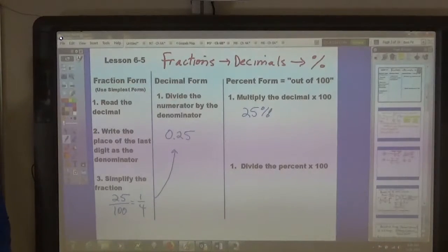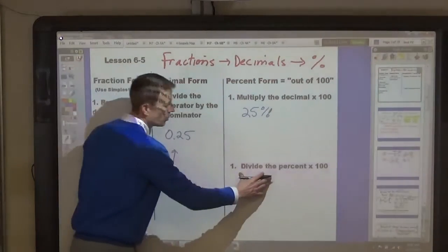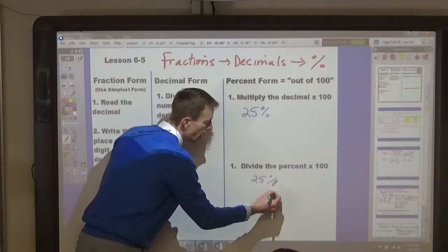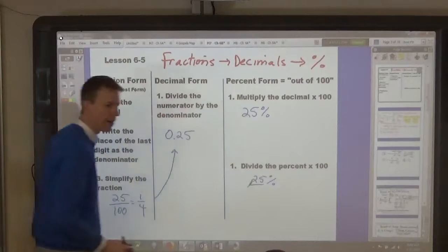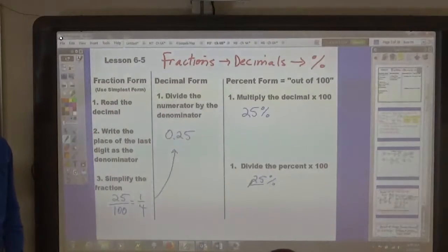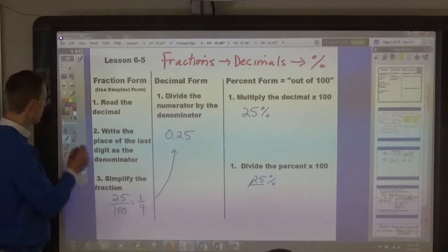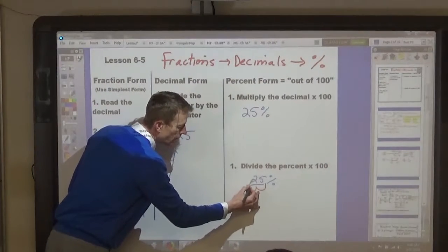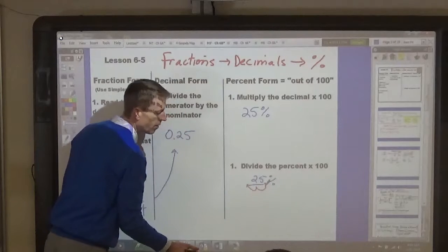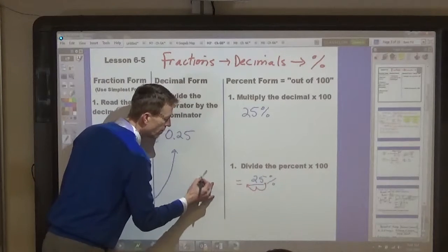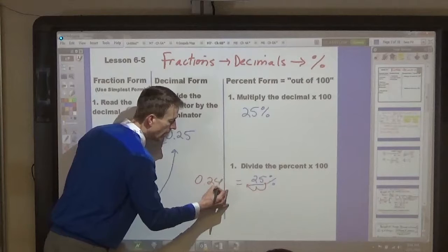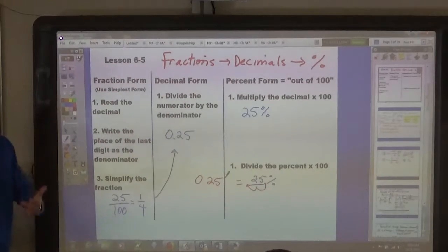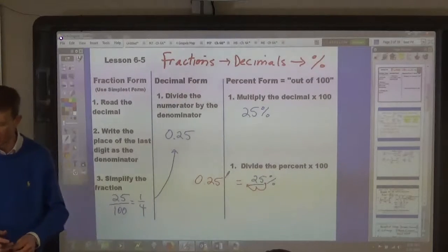Okay? If you need to start with a percent, 25%, and you divide this number 25 by 100, that's just like moving the decimal place 2 places to the left. From behind the 5, if you moved it 2 places to the left, you would have 0.25, right?